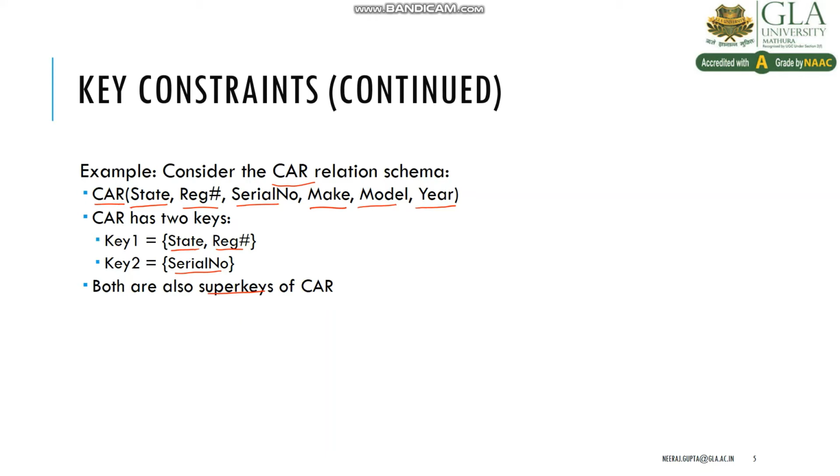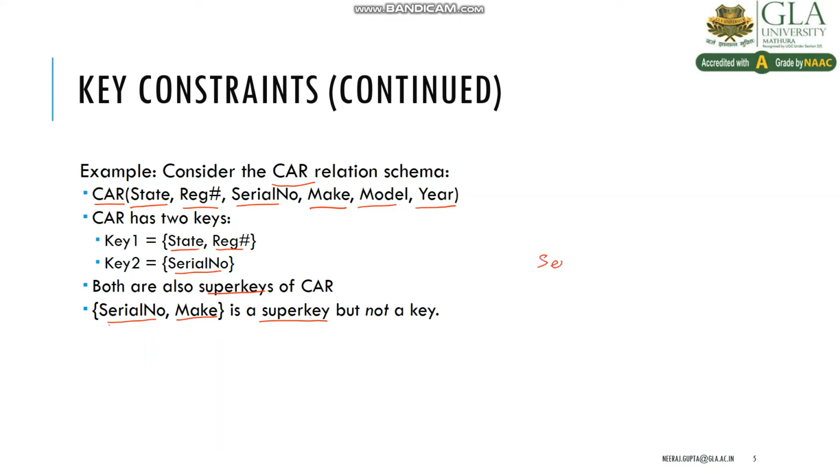Super key is actually the superset of the keys. Serial number is a key which, in combination with make, a normal attribute, becomes a super key. But this is not a key because its proper subset is already a key.